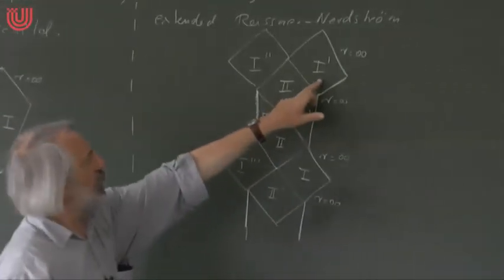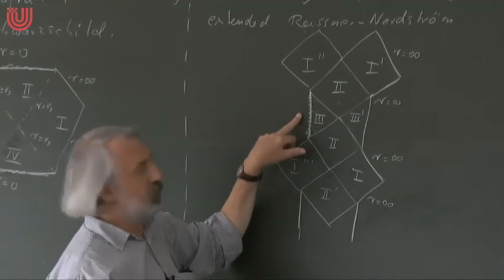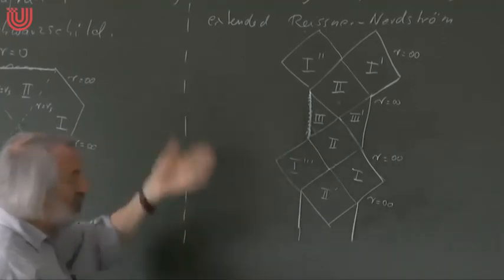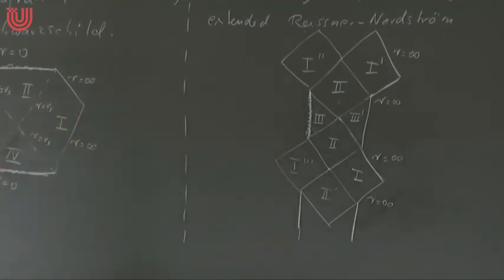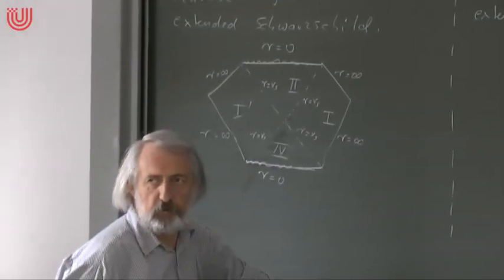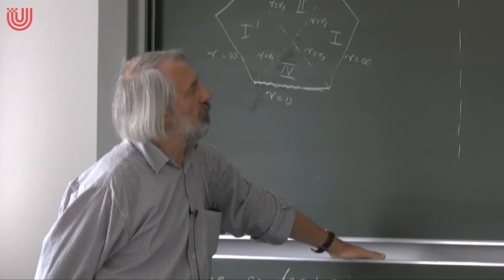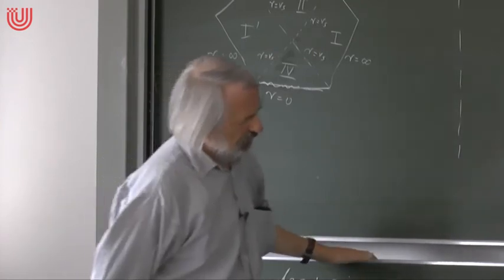So for the observer here, this is a white hole. So we see, if we believe in this extension business, then for a Reissner-Nordström object, it doesn't make sense to say it's a black hole or a white hole. It's always both. For some observers, it's a white hole. For some observers, it's a black hole. And this is the construction.